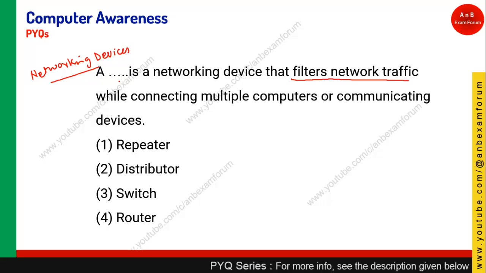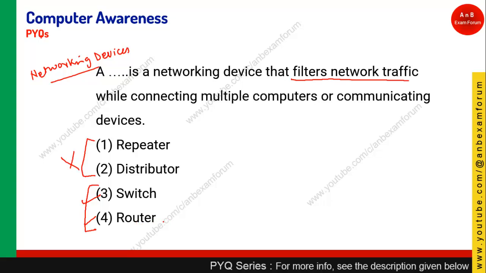So in that chapter we have seen that a few of the devices are used to filter the network traffic. Okay, for example, in these 4 options we know that switch and router are basically used to filter the network traffic, whereas repeater and distributor are not used to filter the traffic. So you can eliminate those options, whereas you are left with switch and router.